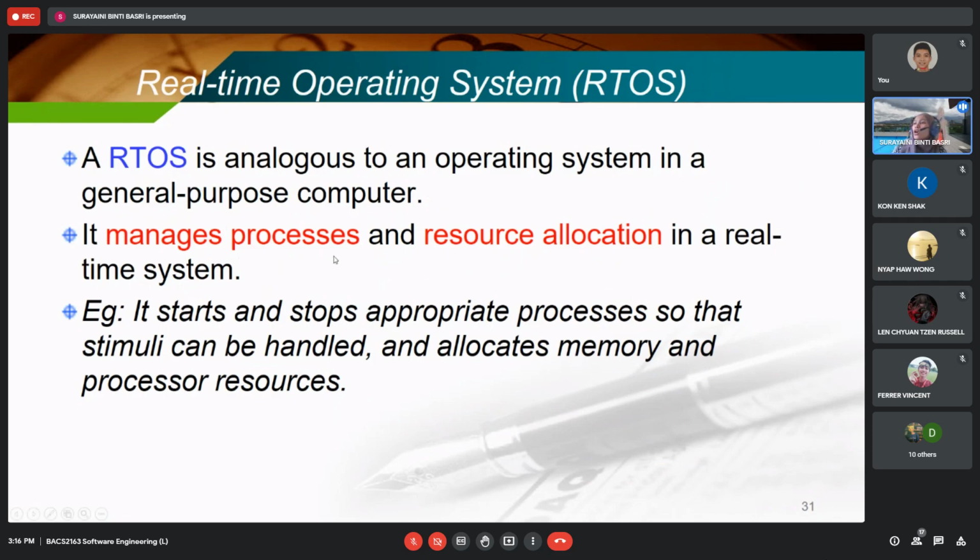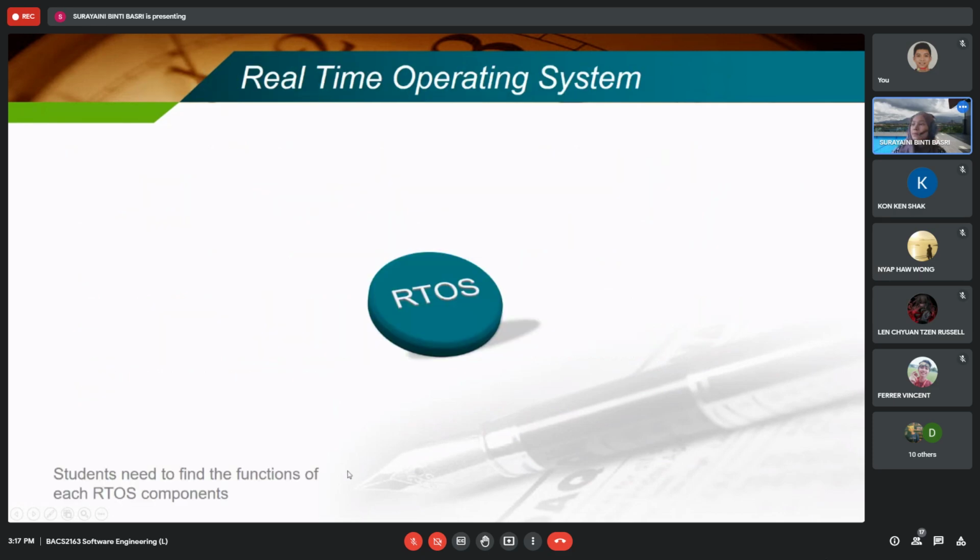So it also manages processes and resource allocation, like what I talked about in the previous slide. For example, it can start and stop appropriate processes so that stimuli can be handled, and then allocate memory and processor resources to the stimuli and give the appropriate response.